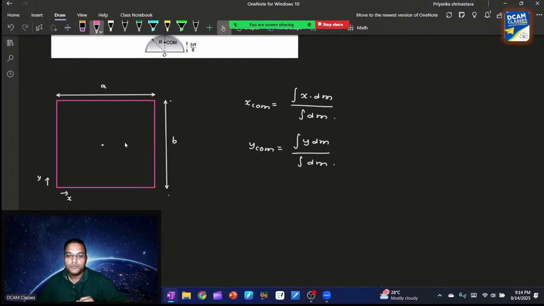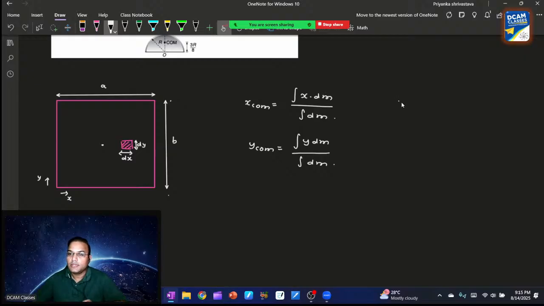It's up to you. You can take an element, because things are changing along dx as well as dy, of length dx and breadth dy. But in this particular case, when we are trying to find the mass of this element, we have to take mass per unit area.